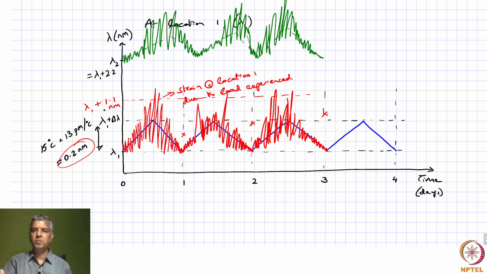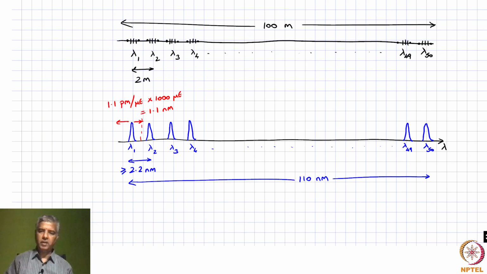Okay, so this is the kind of measurement design challenge that you will be posed with. Of course, by looking at it systematically, looking at the bigger picture, understanding the requirement first in terms of placement of the gratings, that is very important.